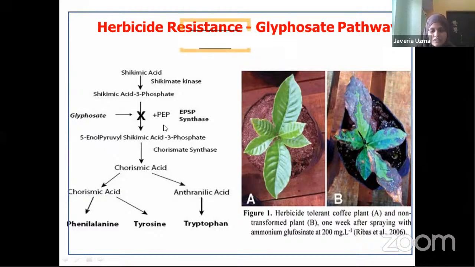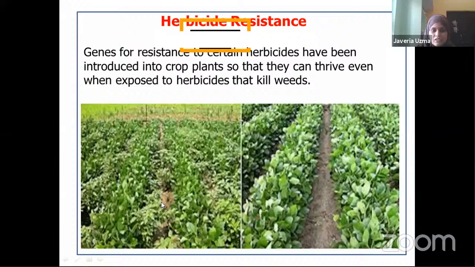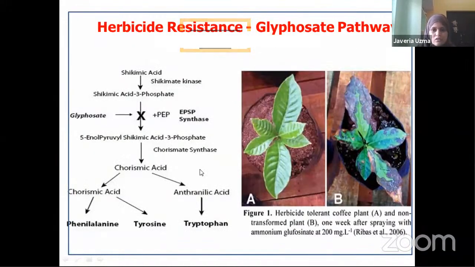Now in resistant genes, we are making this glyphosate inactive, so that this pathway continues in our crop of interest. In these plants, this pathway will be active, whereas in the weeds, because there is no resistant gene, this pathway will get blocked by the glyphosate. So only the glyphosate resistant plants will survive and grow, and others will die.